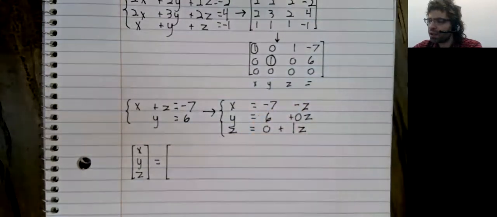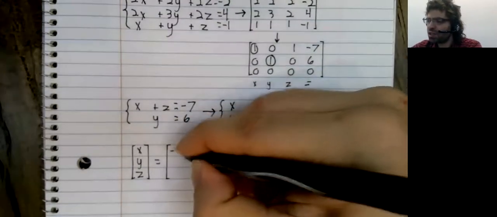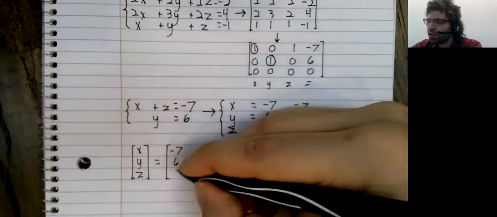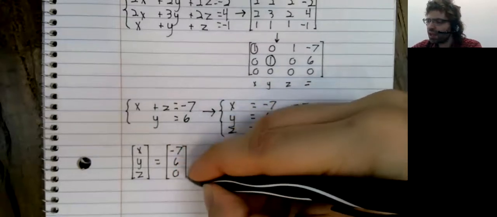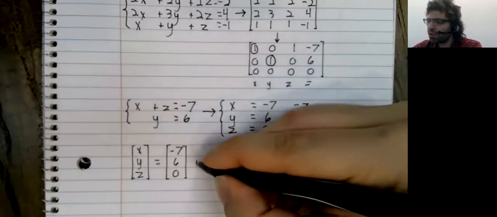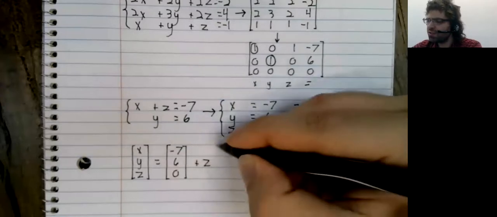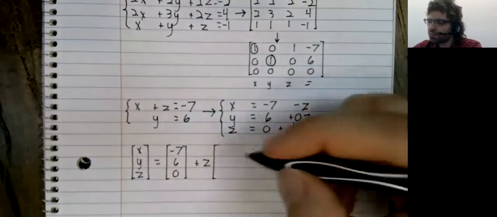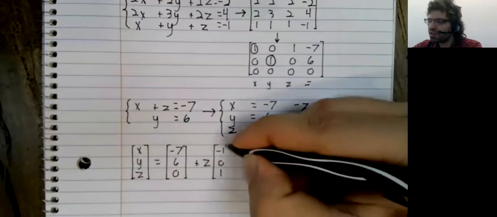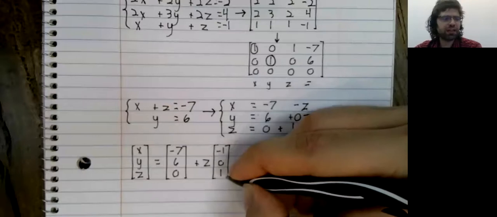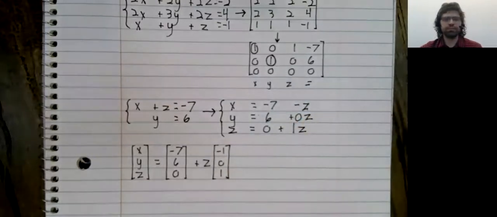So the vector x, y, z equals this vector plus z times this vector.